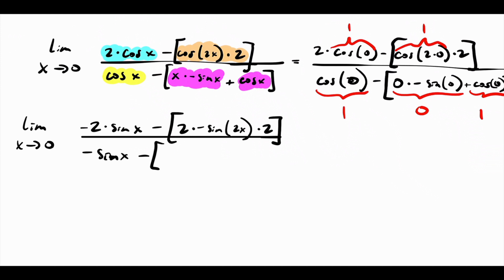So 2 different parts there. So I got to find the derivative of each of them. So the first pink part is x times negative sine of x. Product rule. So the first times the derivative of the second, the derivative of negative sine of x is negative cosine of x.